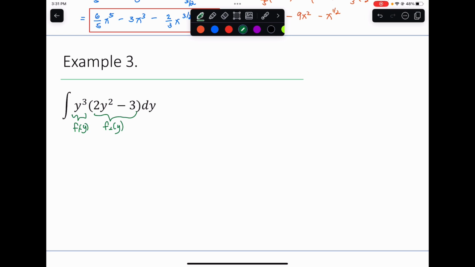Just like this one. I can distribute y cubed to 2y squared minus 3, to transform this into a sum and difference. So y cubed times 2y squared will be 2y to the 5th.